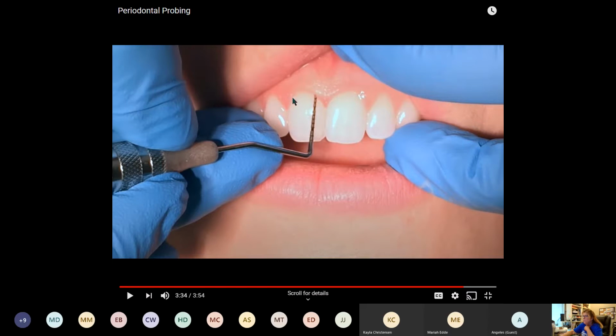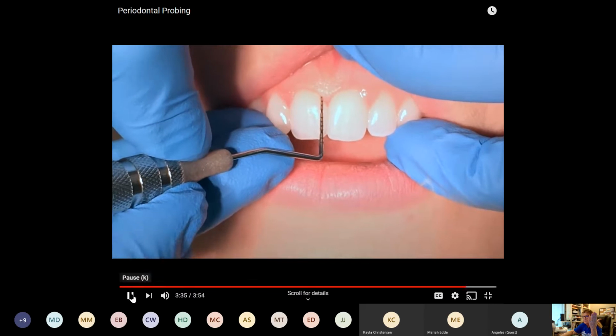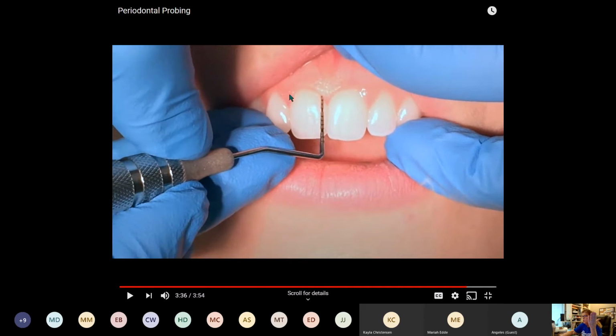The deepest number that you find between this distal line angle and the col is the number that you take. So even if you're going 2 2 2 4 2 2 2, the deepest number between here and here would be this 4, then that's the distal number.